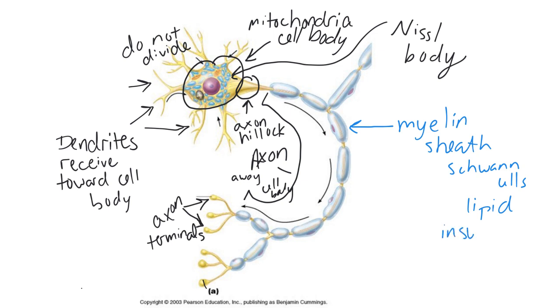So if you think back to your physics classes or IPC or middle school, an insulator means that no electricity is going to get through that area. So actually, that's going to make the message, the electrical impulse, be conducted even faster than if it's unmyelinated.